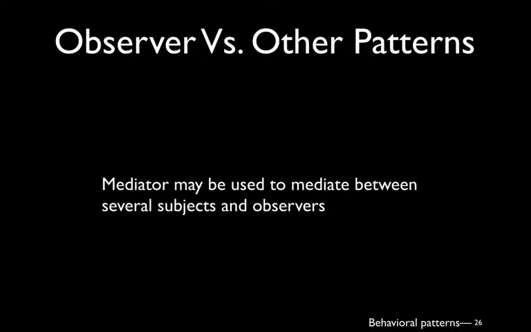So how does the observer work with some other patterns? Well, the mediator may be used to mediate between several objects and the observers. Remember, in the mediator pattern, we took the data or the change on one side and had to tell the mediator, hey, I want to make this change.